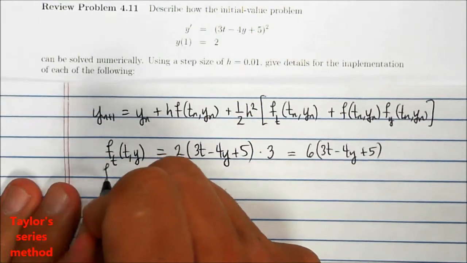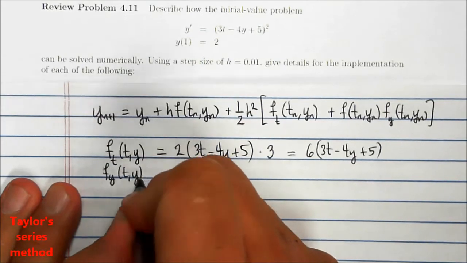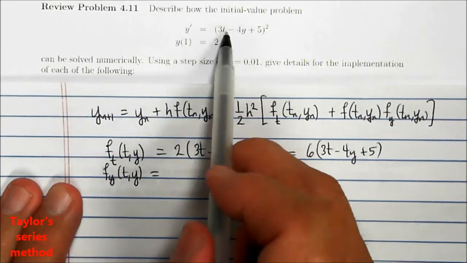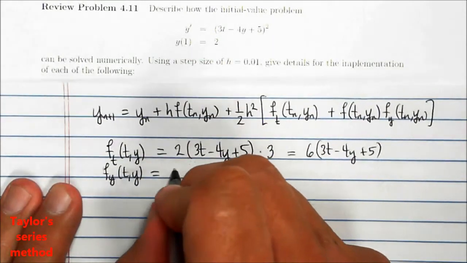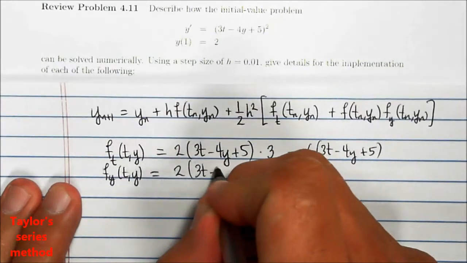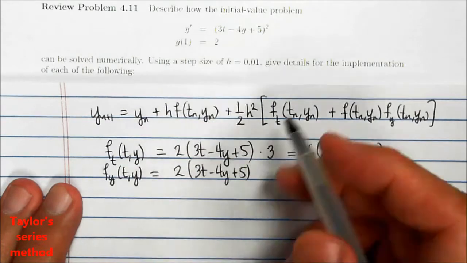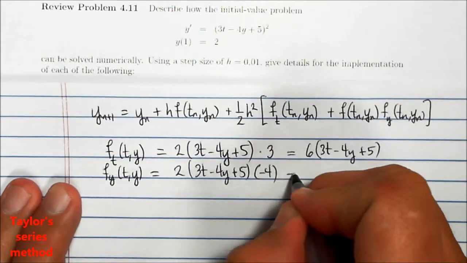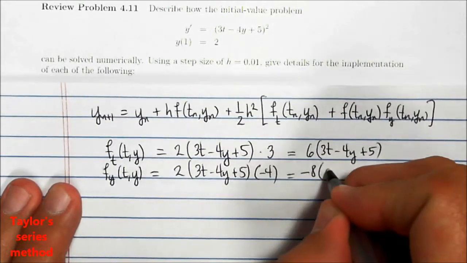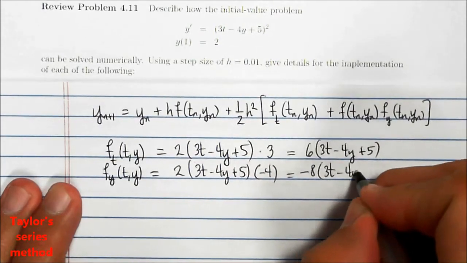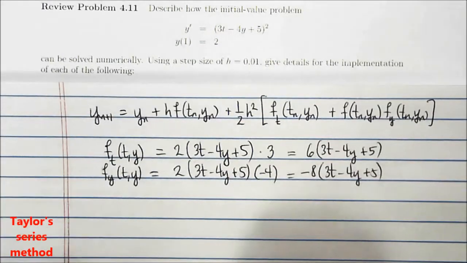If I take the partial derivative with respect to y, it's going to look similar. It will be 2 times 3t minus 4y plus 5 times the derivative of the inside with respect to y, which is negative 4. So this works out to be negative 8 times 3t minus 4y plus 5.